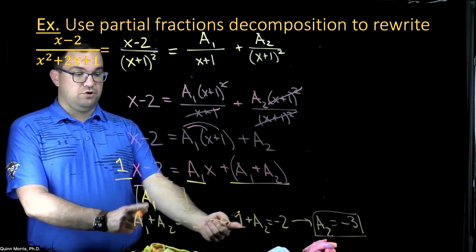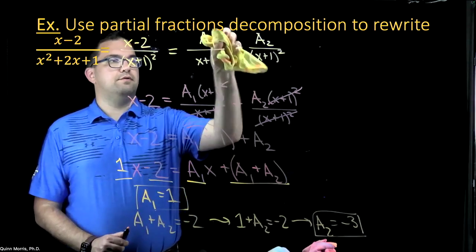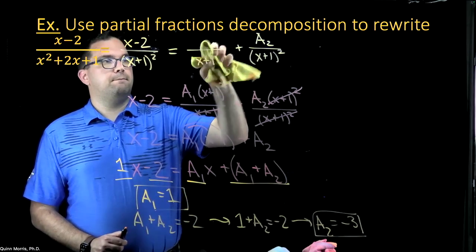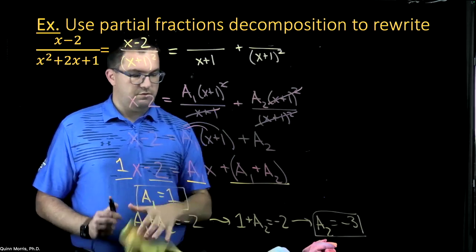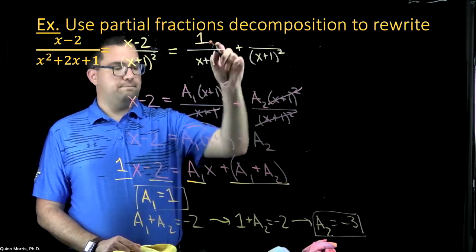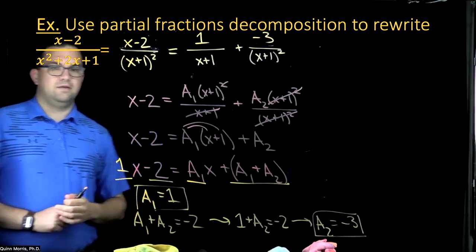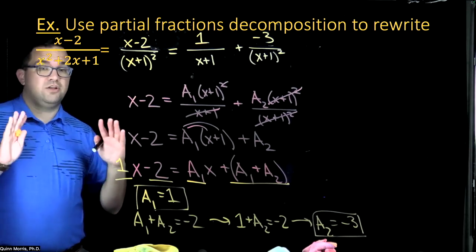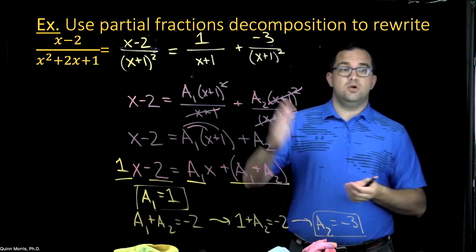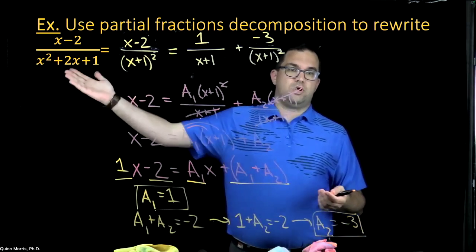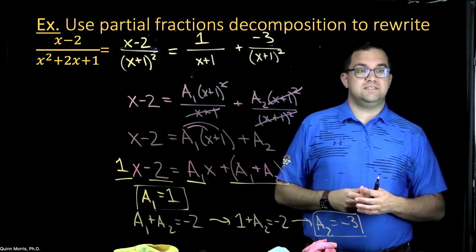Now I've found the values of a1 and a2, so I can just plug them in up here. a1 is now 1, and a2 is -3. So I've done no calculus. This is all purely algebra, to rewrite this more complicated integrand in a simpler form that hopefully will be easier to integrate.